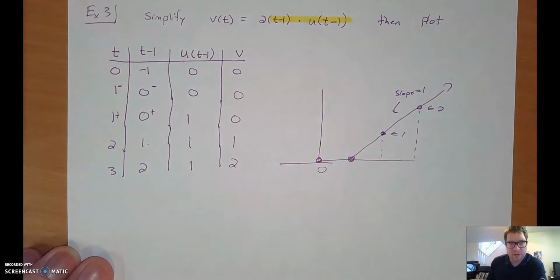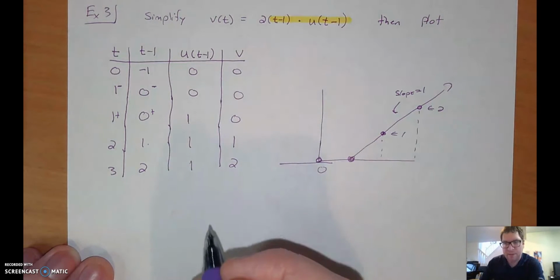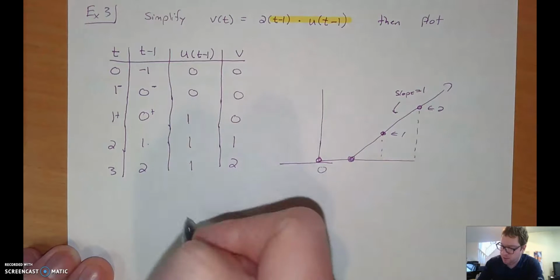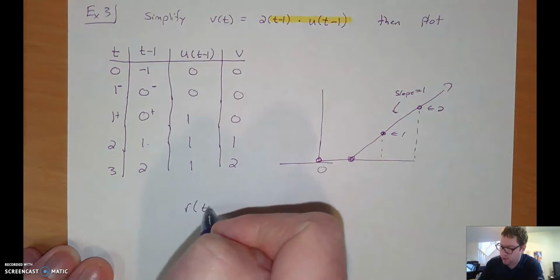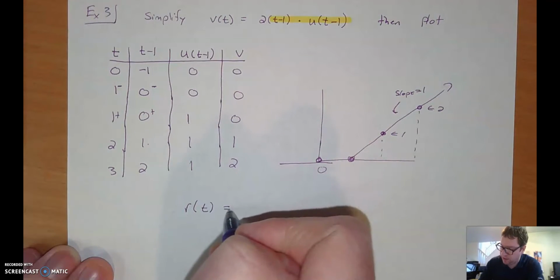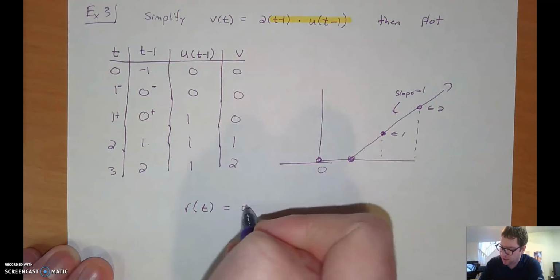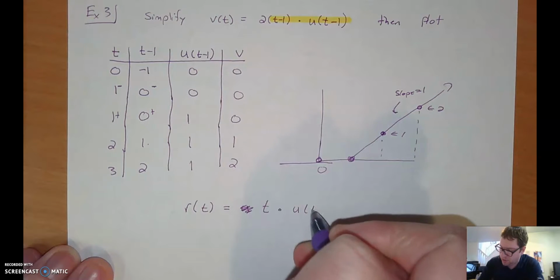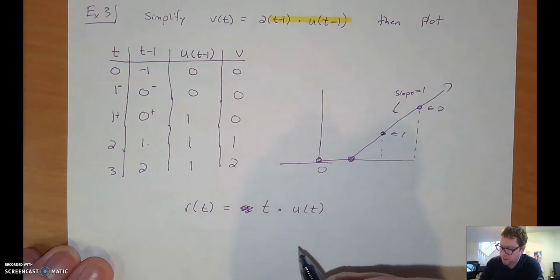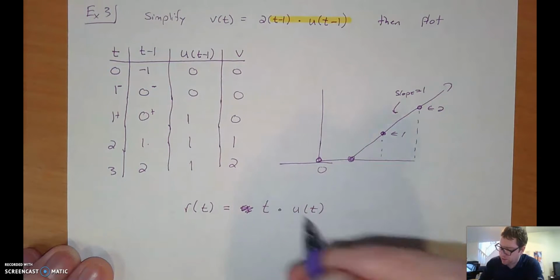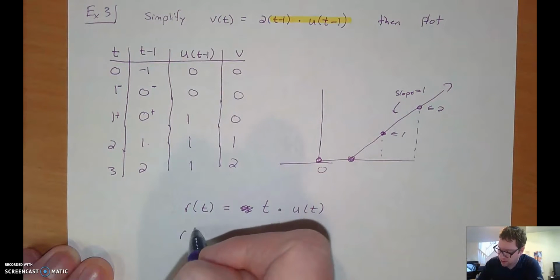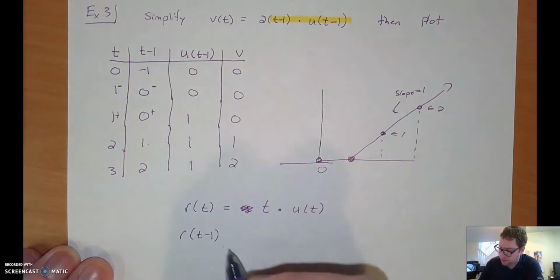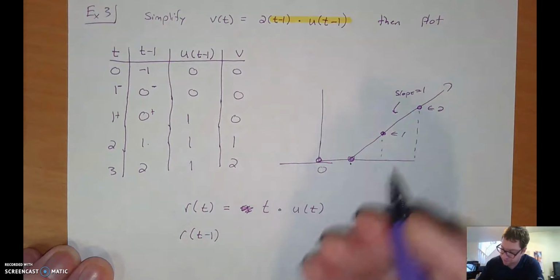So we could have derived that. We're going to go back and think about that function I gave you in example 1. The ramp function is r of t. It can be rewritten as t times u of t. But what we have is actually r of t minus 1. We have it delayed by 1 second.